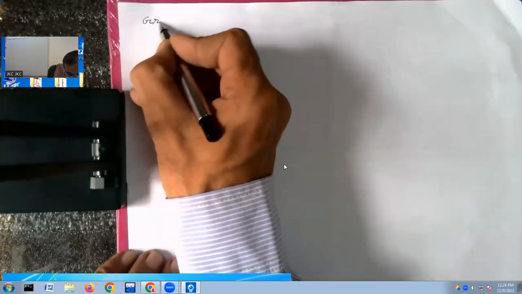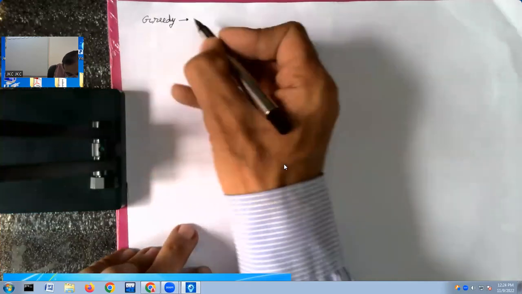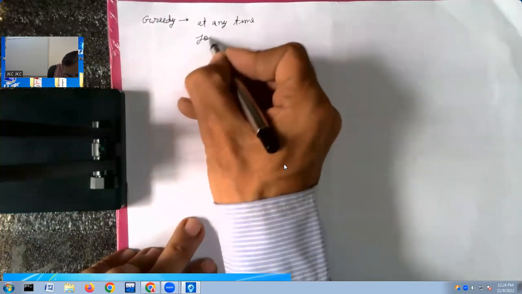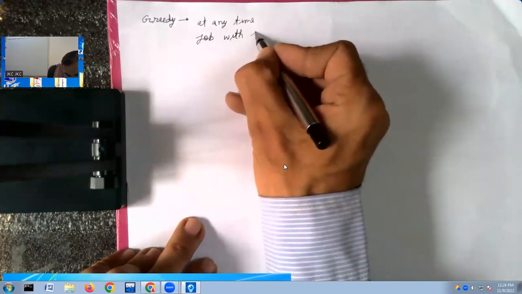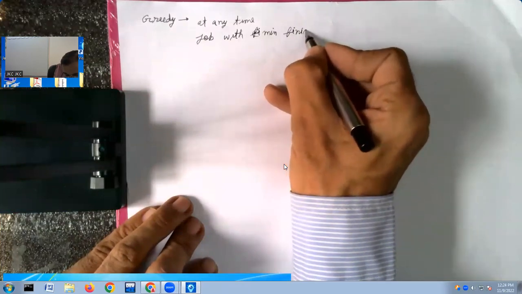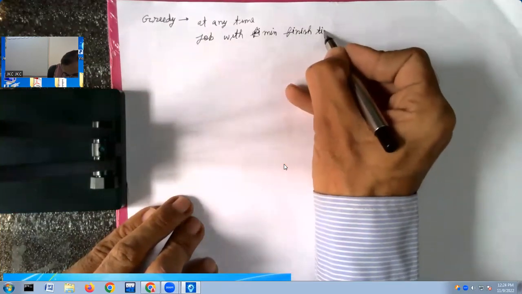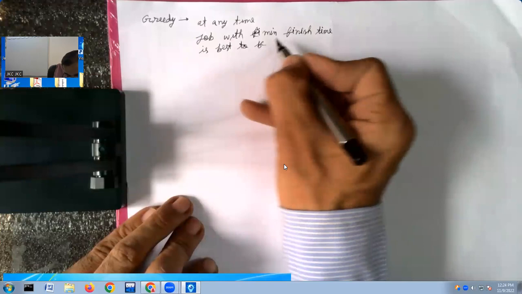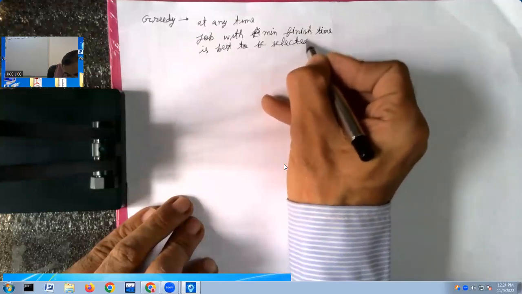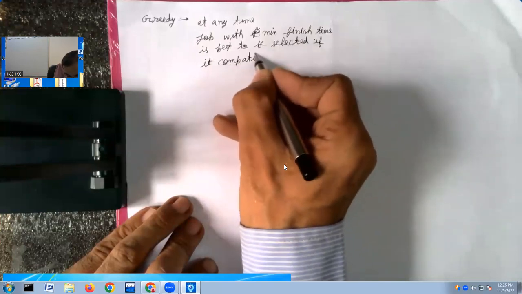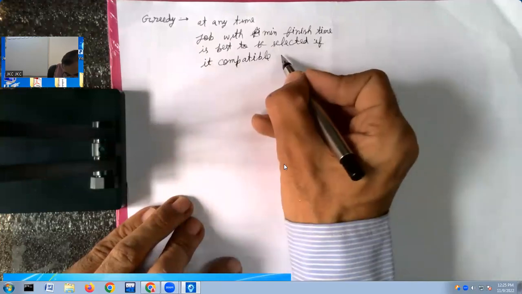So I will now formalize this greedy choice. I will say at any time, first time obviously, but at any time, a job with minimum finish time is the best choice, provided it is compatible with already selected choices or activities.